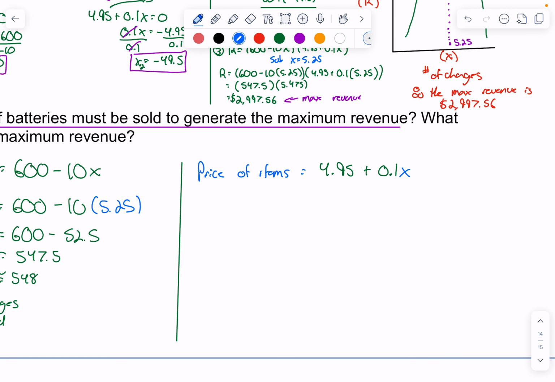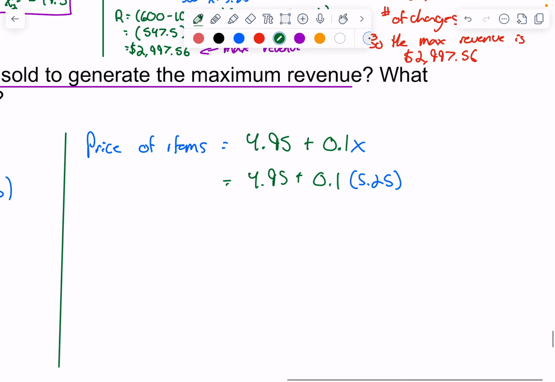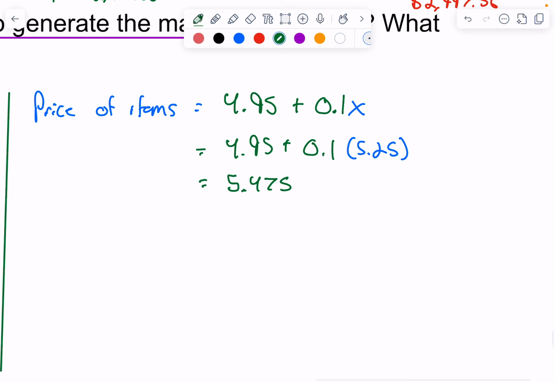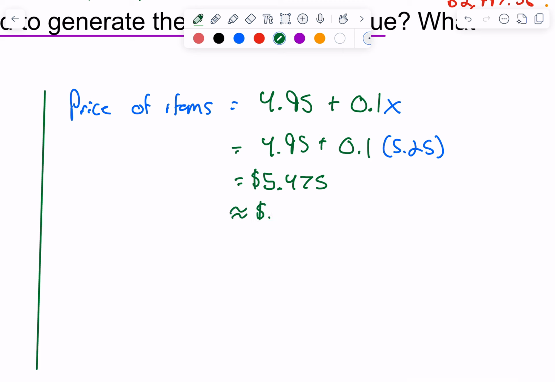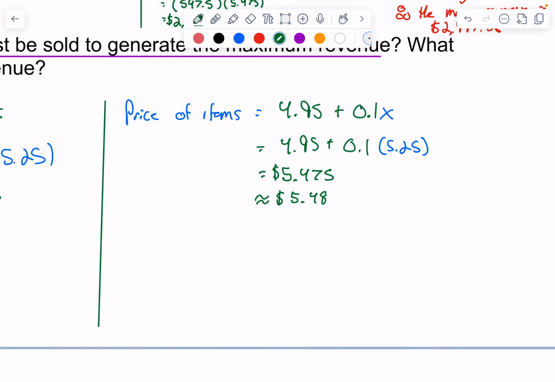So this is equal to $4.95 plus 0.1 times 5.25 changes. Use your calculator again. 4.95 plus 0.1 times 5.25 is 5.475. And again, this is in units of dollars because it's price, so you need to round to 2 decimal places. $5.48 would be your final answer.